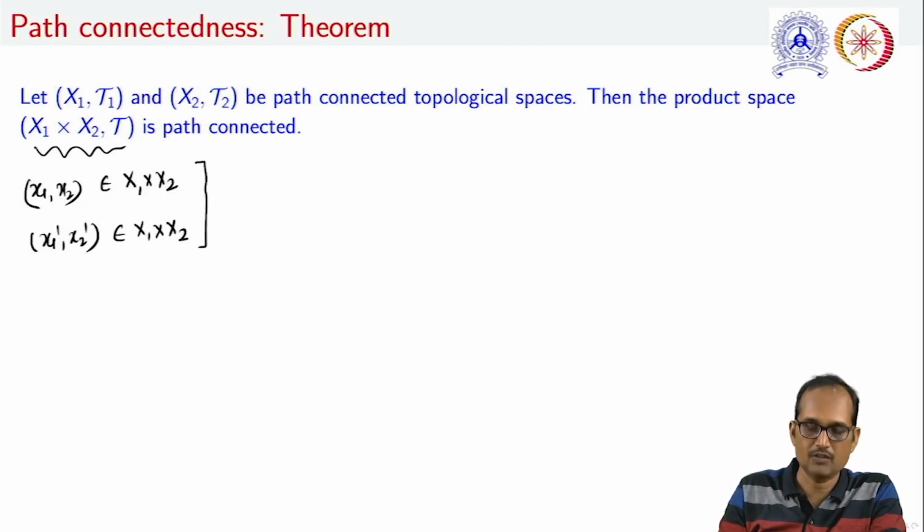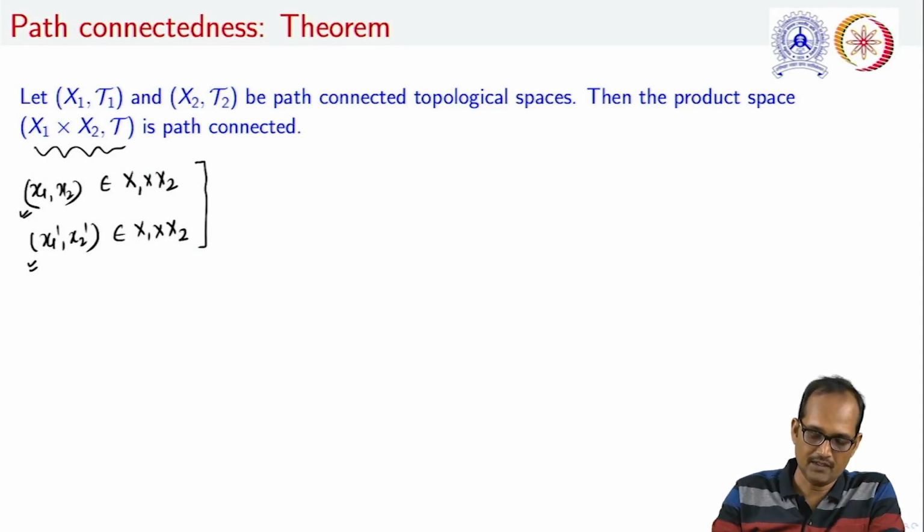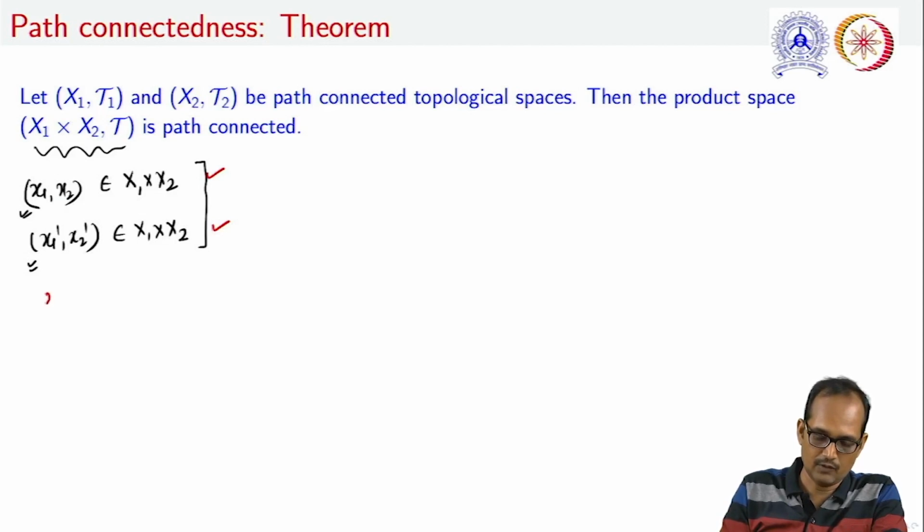Our motive is to justify that there exists a path connecting the point (x1, x2) to the point (x1 dash, x2 dash). When we take these points in X1 cross X2, we can conclude that x1 and x1 dash are both elements of X1, and x2 and x2 dash are both elements of X2.